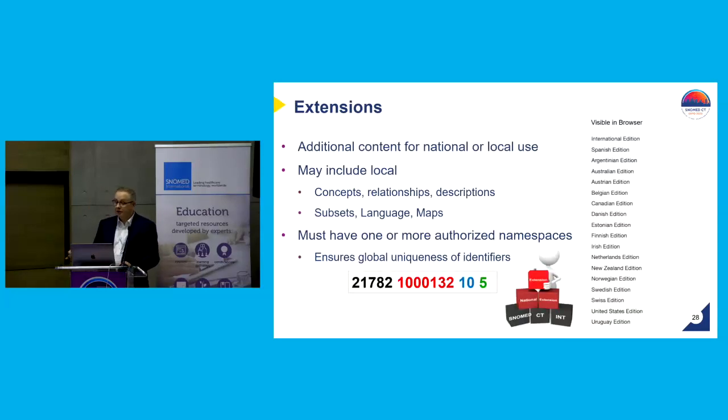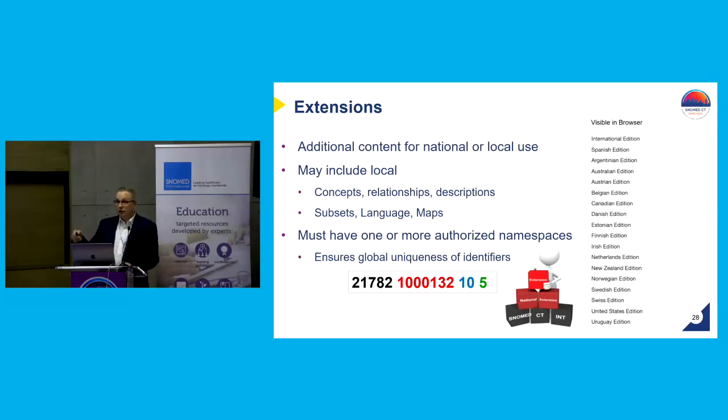So how is this done? You can have national and local content. In America, for example, Kaiser Permanente have their own extensions, so they can even do it locally rather than nationally. You can use it for whatever you need to.